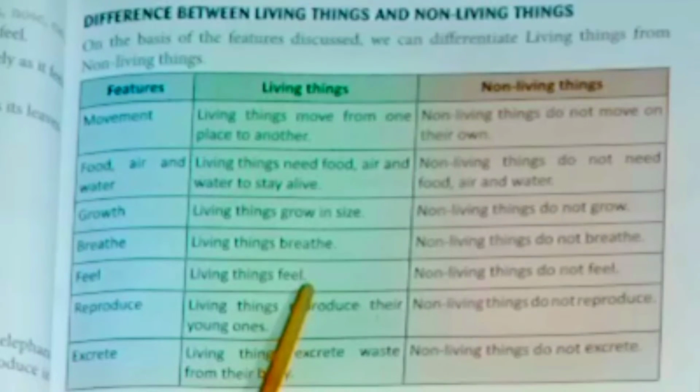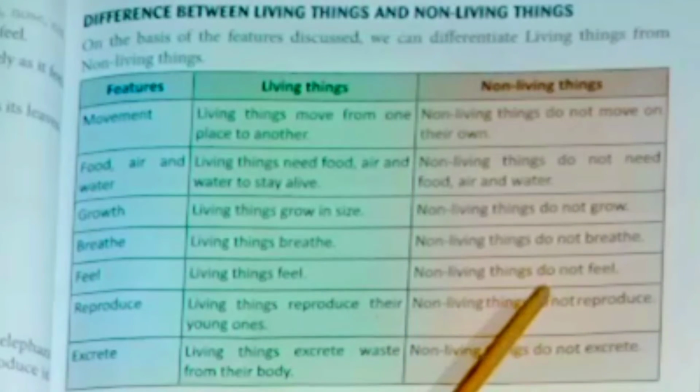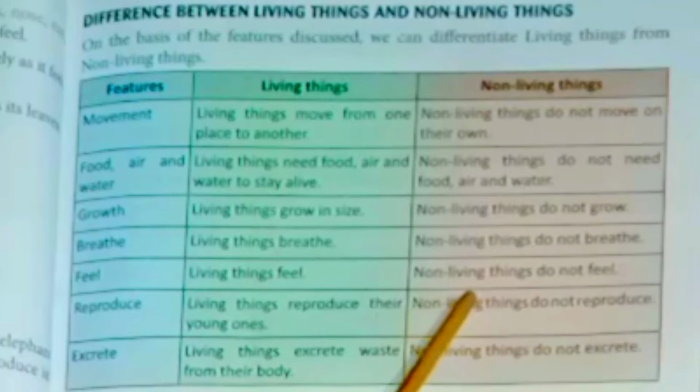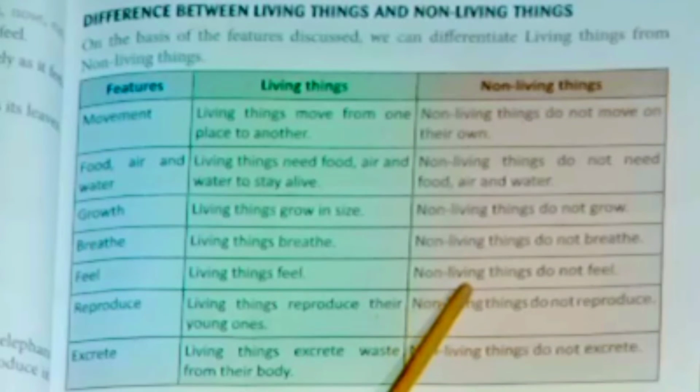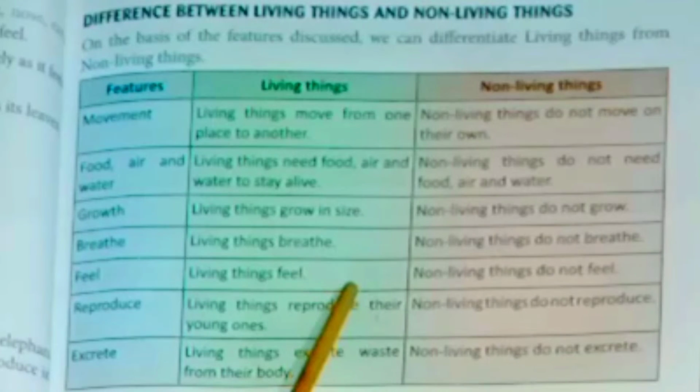When anybody praises you, you become happy. But non-living things do not feel. If you beat your table or your chair, they do not have any feeling and they will not show any response. But living things will show a response.